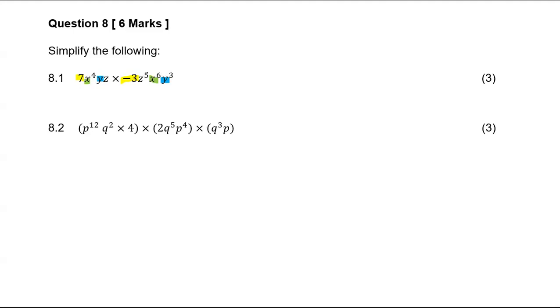What about z? Z to the exponent of 1 times z to the exponent of 5. I'm going to write it as a single base of z and just add 1 plus 5, which will give me 6. So I'll have negative 21 x to the exponent of 10, z to the exponent of 6, y to the exponent of 4.